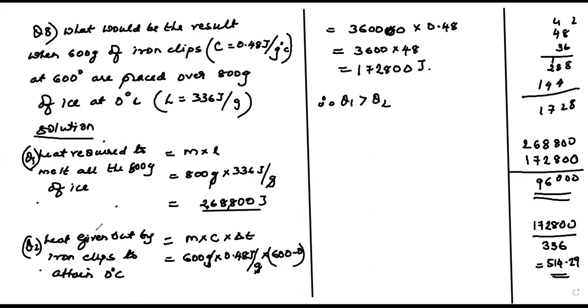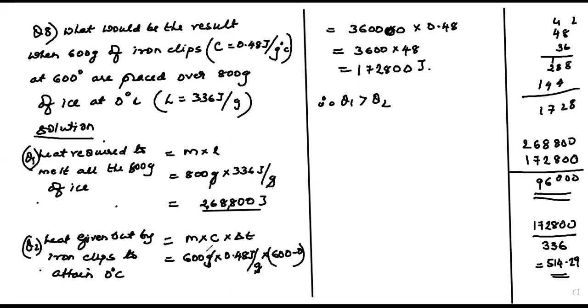So suppose heat given out by iron clips to attain 0 degrees Celsius will be m into c into delta t. 600 gram into 0.48 joules per gram, gram gets cancelled, into 600 minus 0.